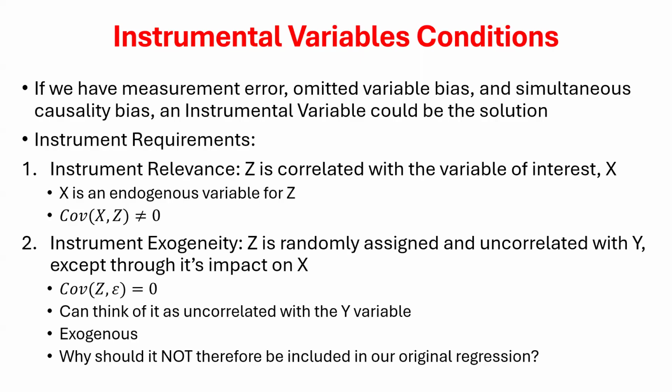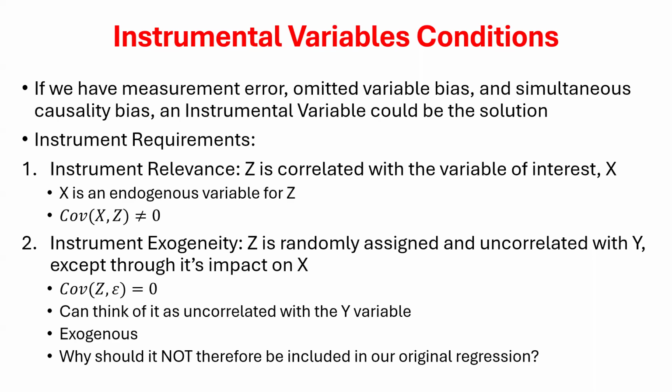Okay. So maybe another way of thinking about this is if I'm trying to predict Y and I've got just a general linear regression, I know that there's some other variable Z that I could hopefully or potentially use as an instrument.